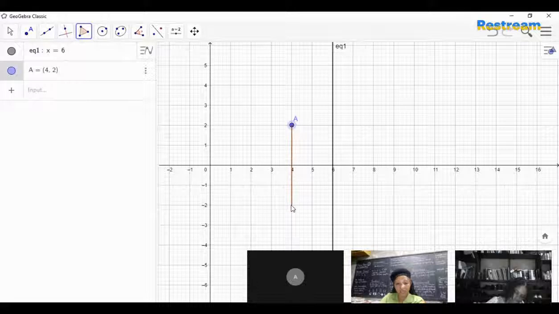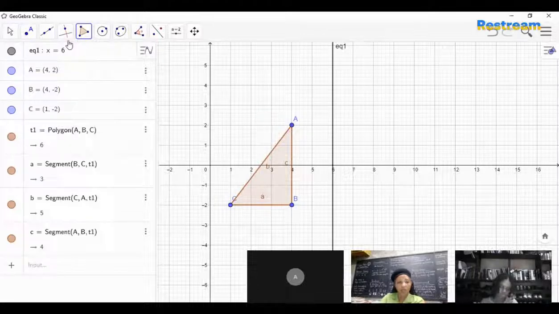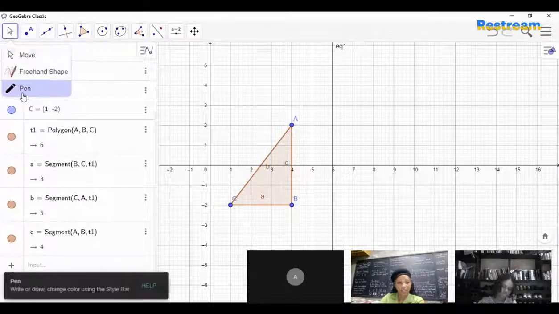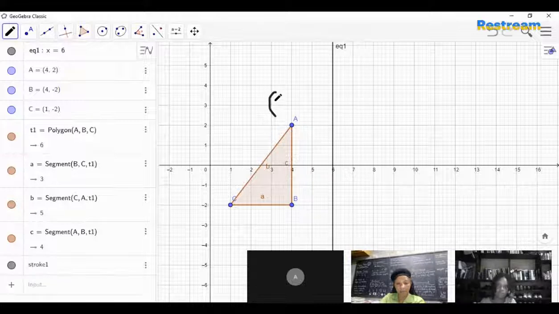So let's reflect this triangle. Tell me the coordinates for A. A would be positive 4, positive 2. You sure?